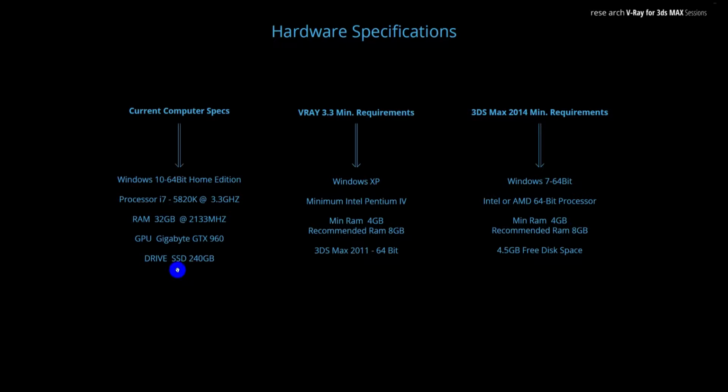And here you can check the V-Ray 3.3 minimum requirements, which are actually much lower, and this is actually quite true. It would be doable also with this, but again, the higher you go, the more comfortable you are going to get with the performance. And almost the same applies for 3ds Max, right?